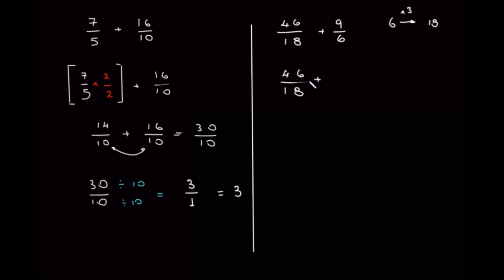There's the plus bracket. So all the bracket's doing is grouping things, nothing else. 9 over 6. Change the colour. 6, I want it to become 18. I have to multiply it by 3. If I multiply the bottom by 3, I have to multiply the top by 3.